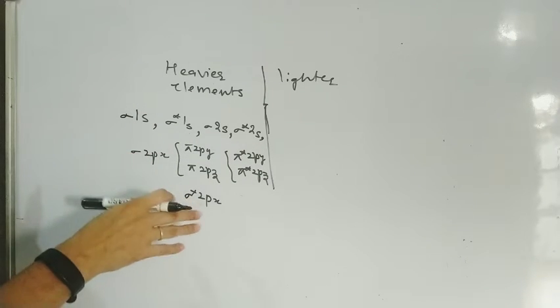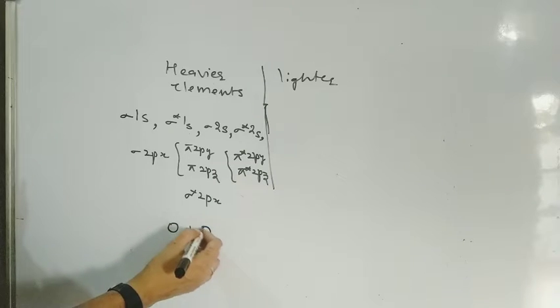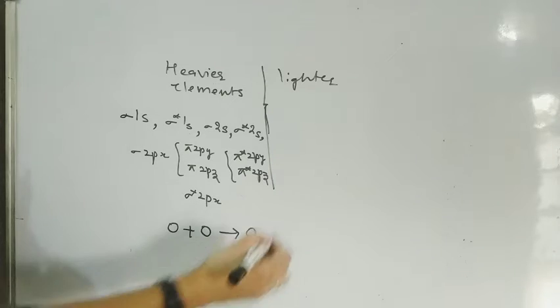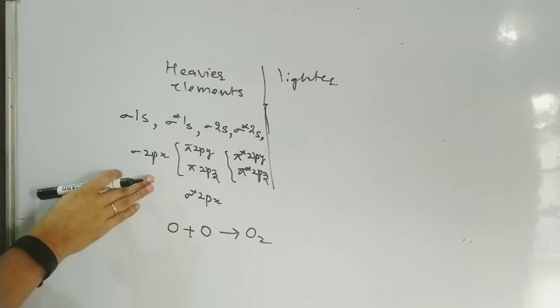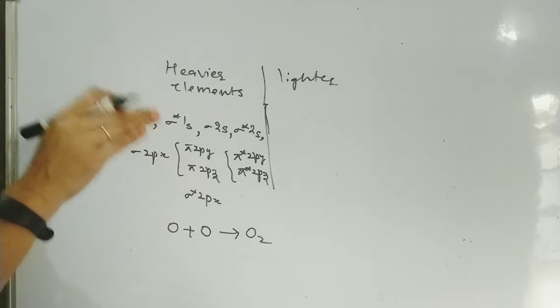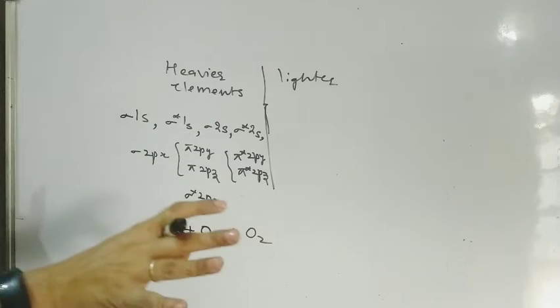When atomic orbitals combine, one atomic orbital combines with another atomic orbital and they result in the formation of a molecule. Then we have such an electronic configuration of a molecule, not of a single element atom.